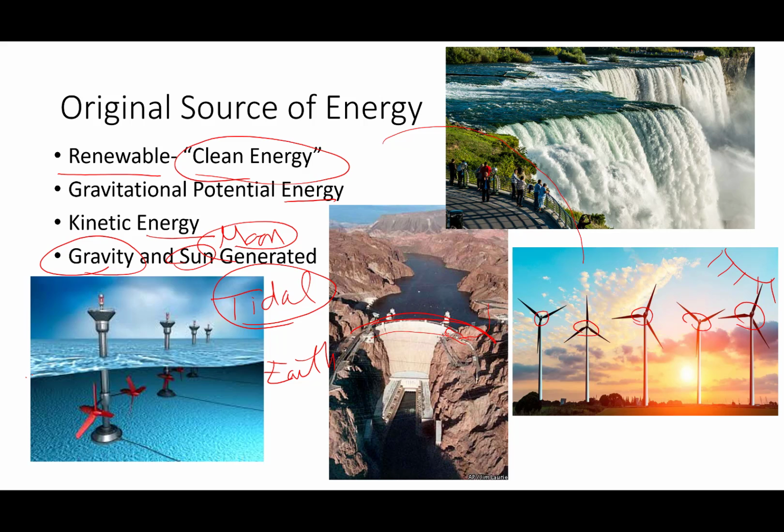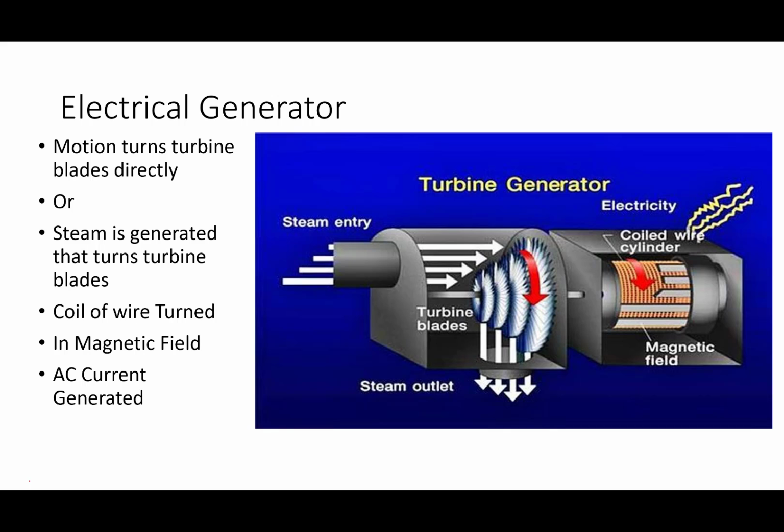It causes water to rise when the moon and the sun are closer, and when they are not directly above us, those water levels are going to fall and those tides are going to rush in or rush out. All of that motion, again, turning blades, propellers, and we've got kinetic energy that will then be transformed into electrical energy.